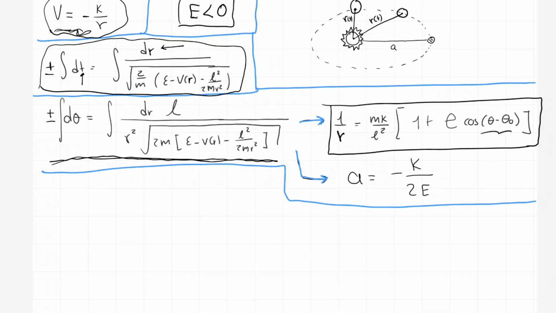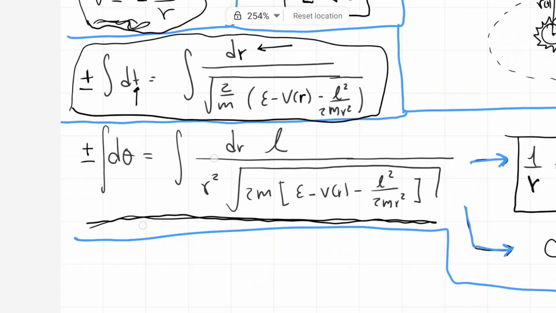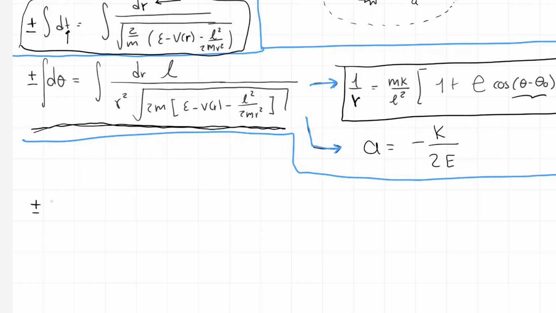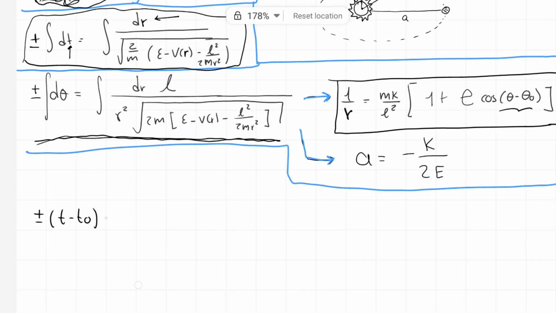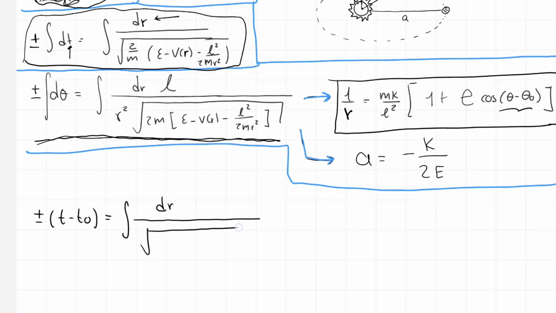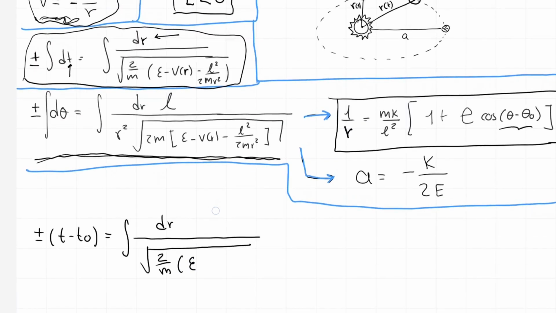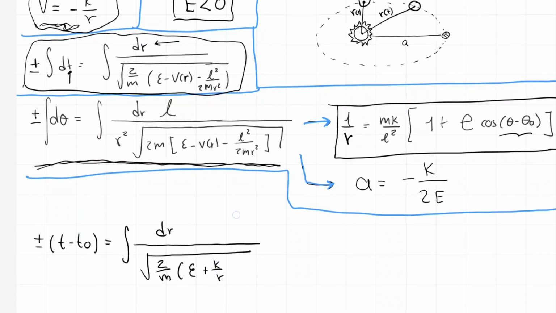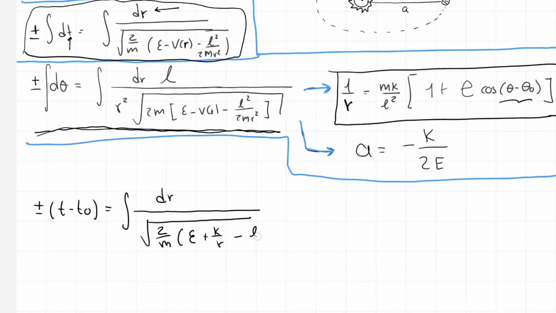The first integral we can just see as t plus or minus t0, where t0 is the initial time, and this is equal to the integral of dr over the square root of 2 over m times (E minus V), but that will be plus k over r, since the potential has a minus, and then minus L squared over 2mr squared.